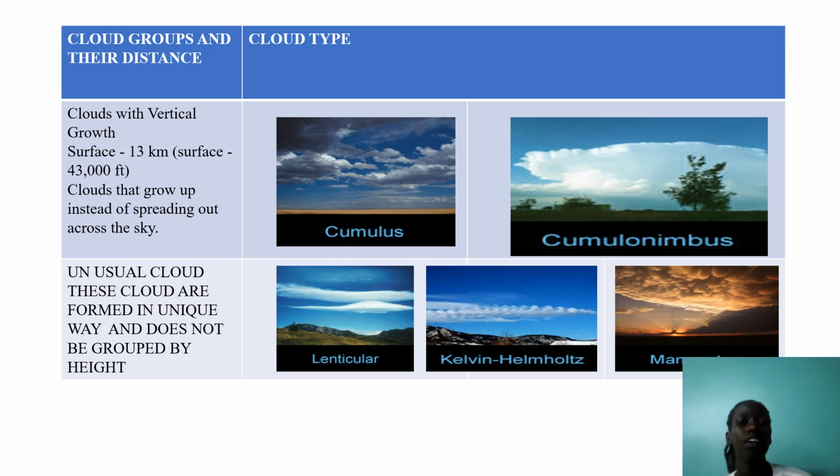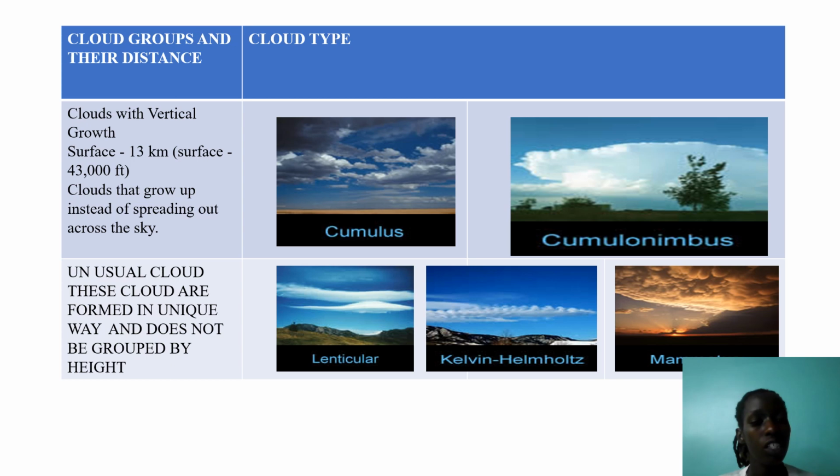There are other types of clouds which are not included in those three main parts, which are clouds with vertical growth. They range up to 13 kilometers. Those include cumulus clouds and cumulonimbus clouds.